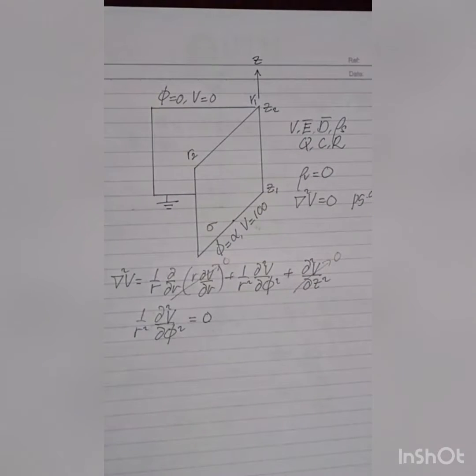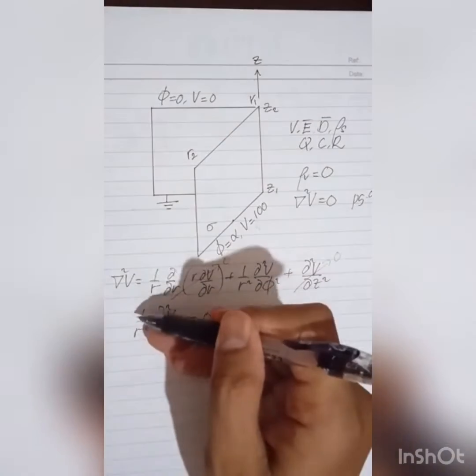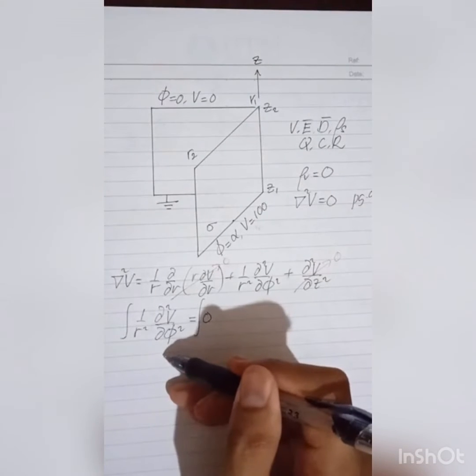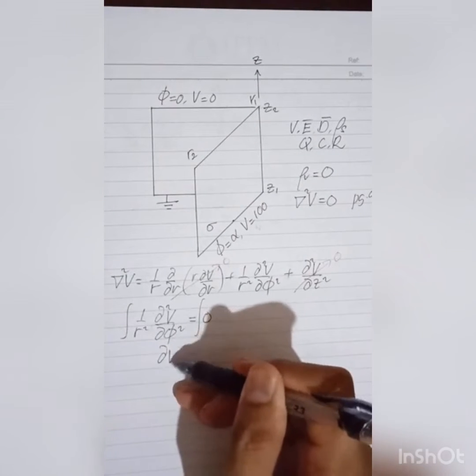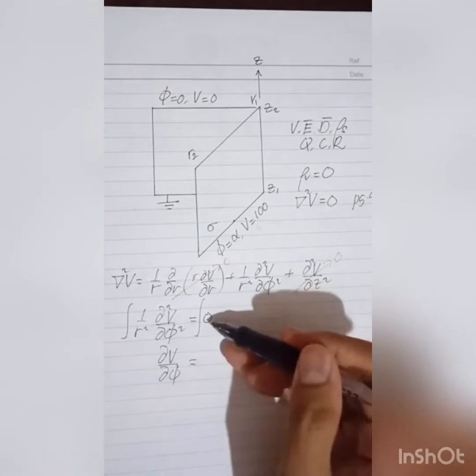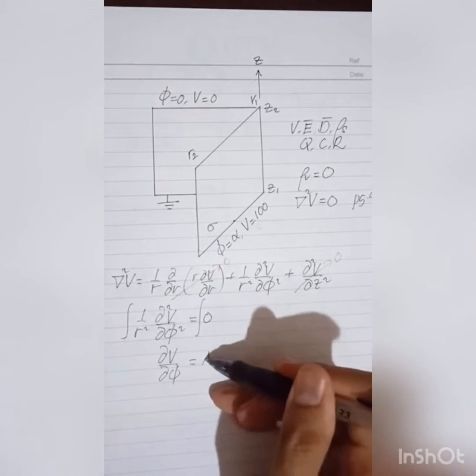Now let's do the first integration on both sides. We have dV over d phi, and integrating 0 gives us a constant.